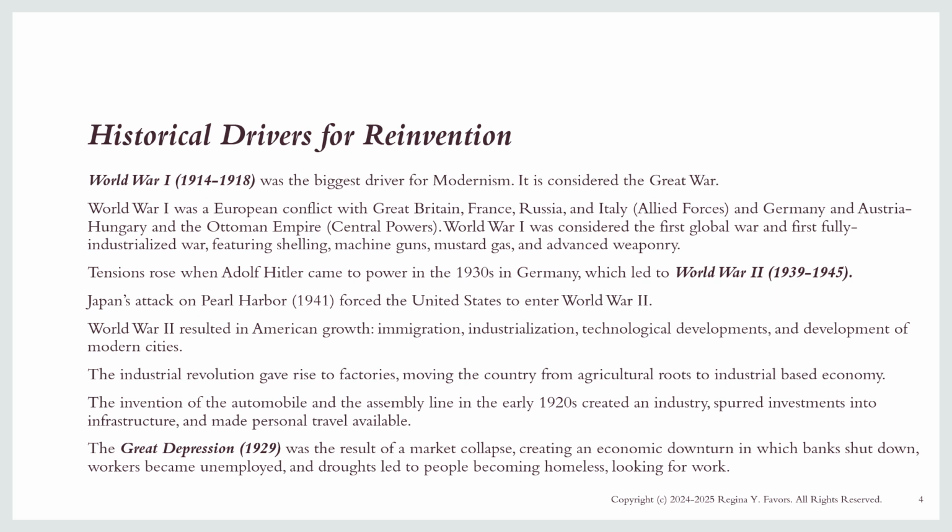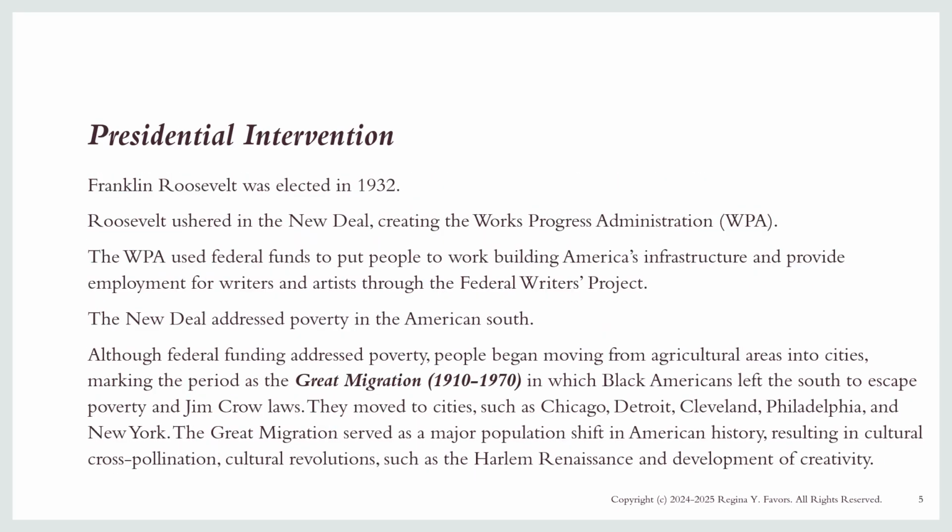The Great Depression of 1929 was a result of a market collapse, creating an economic downturn in which banks shut down, workers became unemployed, and droughts led to people becoming homeless looking for work. So now we have presidential intervention.